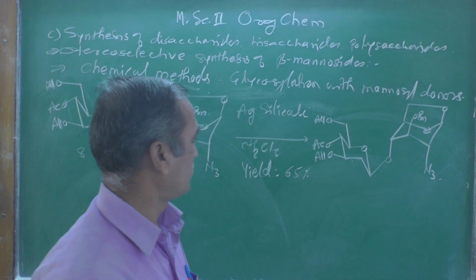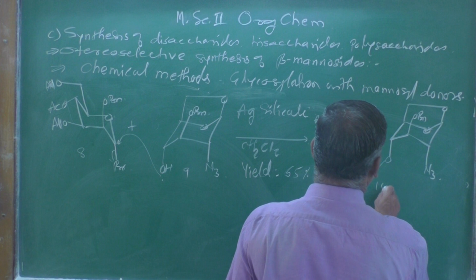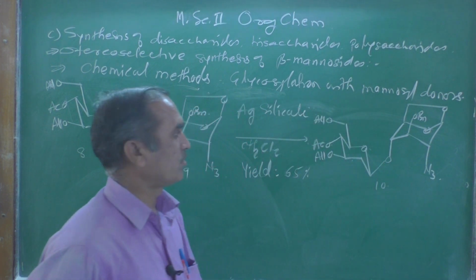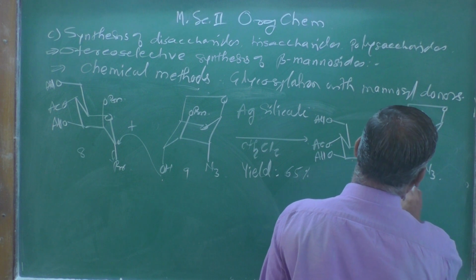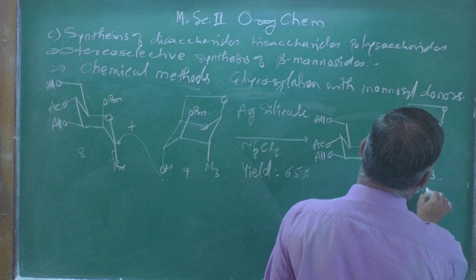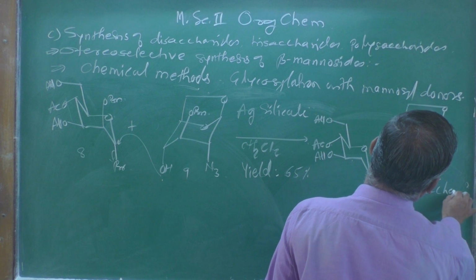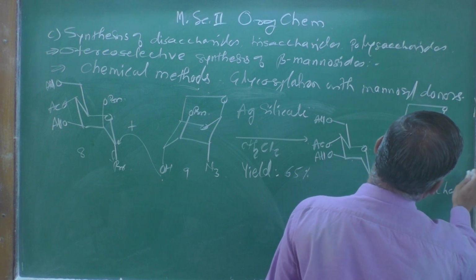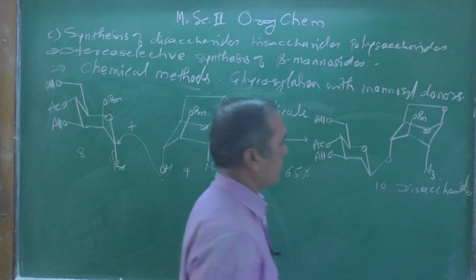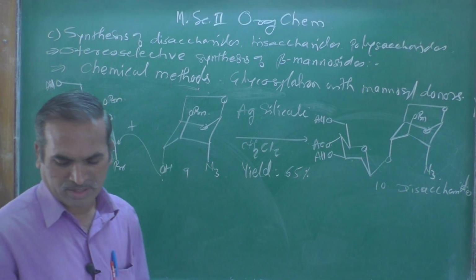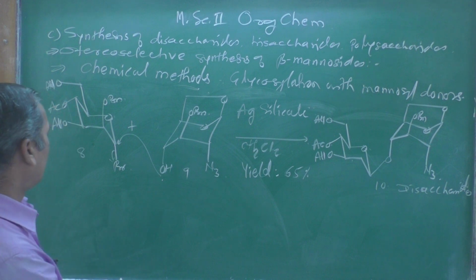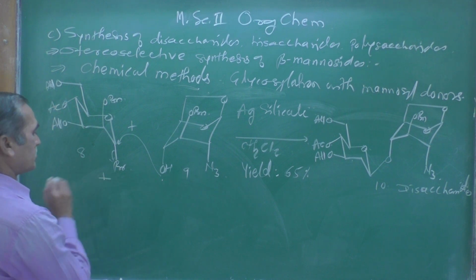Now this is structure number 10 which we got over here, and structure number 10 is nothing but a disaccharide, right? This is the structure of the disaccharide, and now once again structure number 2 will be here plus.